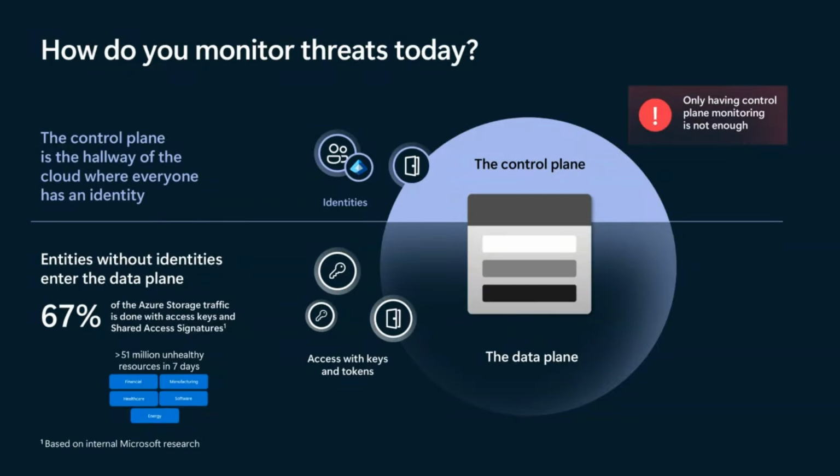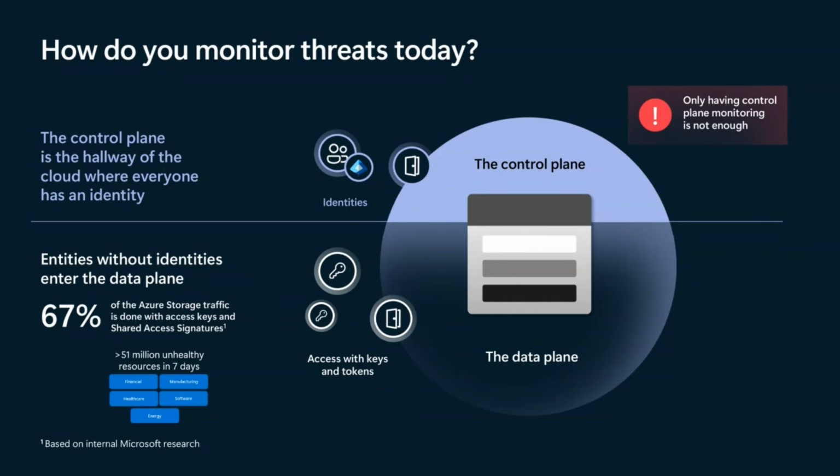But that is usually for user-based access with an identity. However, today's storage accounts, and we know that, allow also access with keys or tokens, either permanent tokens or tokens with a lifetime on them. And those users access your data plane directly. They read files, they upload files, they download files.